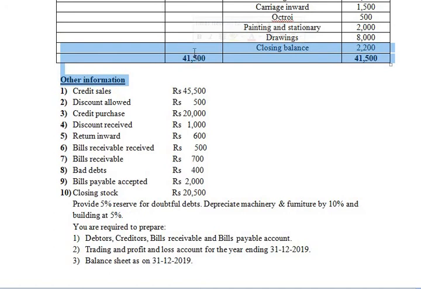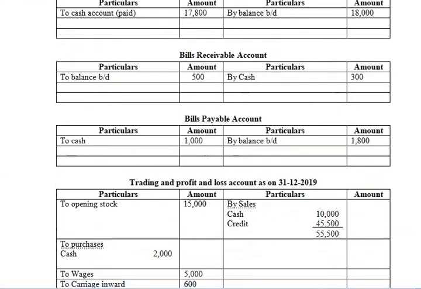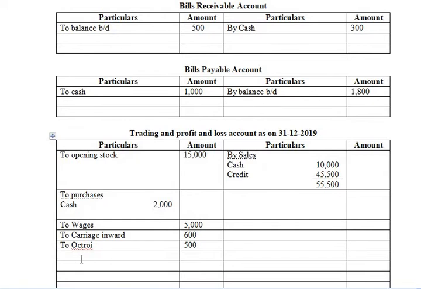Next, after credit sales, you have discount allowed. Now, discount allowed is an expense. So, one entry will be to the profit and loss account and another entry to the debtors account, and which side it will be, to the credit side. So let's go to profit and loss account.